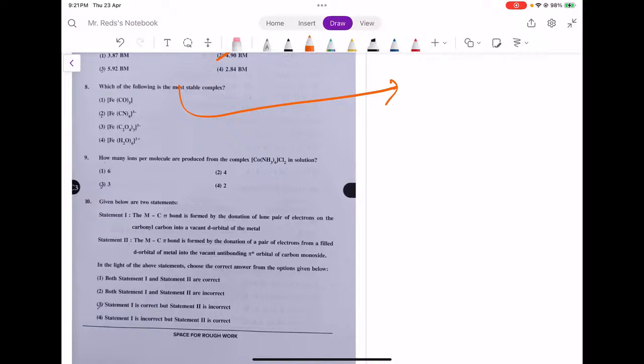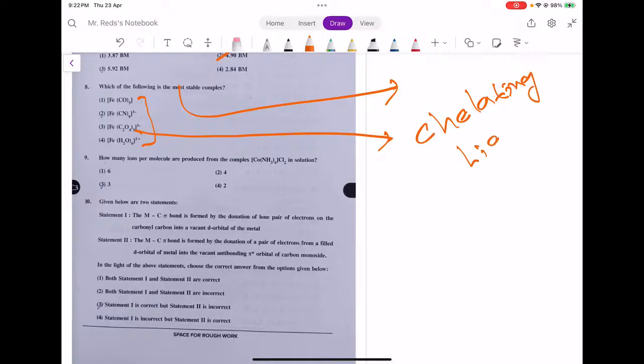In the given complex compounds, the complex compound which has a chelating ligand is more stable. By taking Fe(C2O4)3 3 minus, C2O4 is the chelating ligand. What is the meaning of chelating ligand?